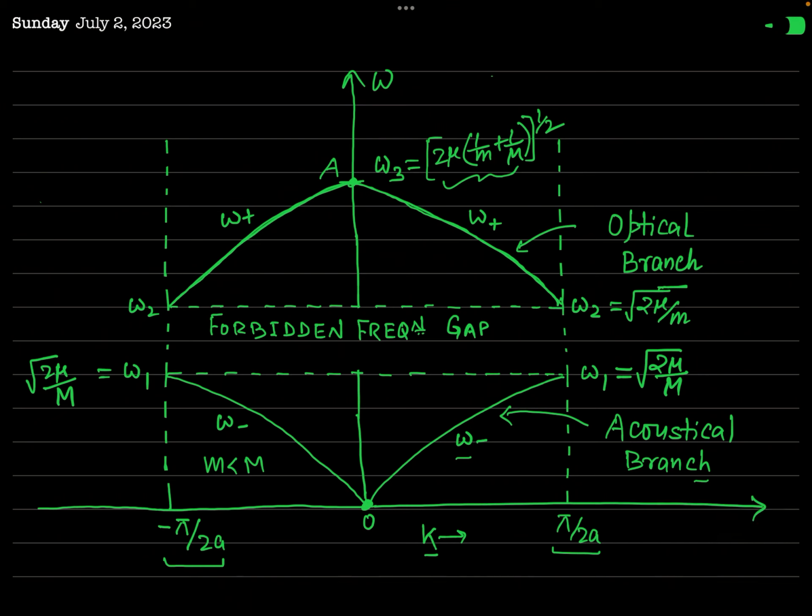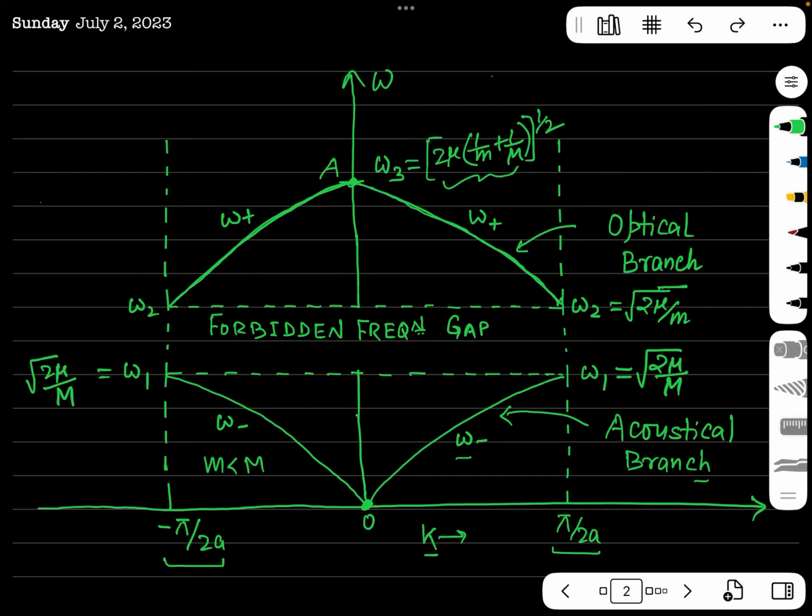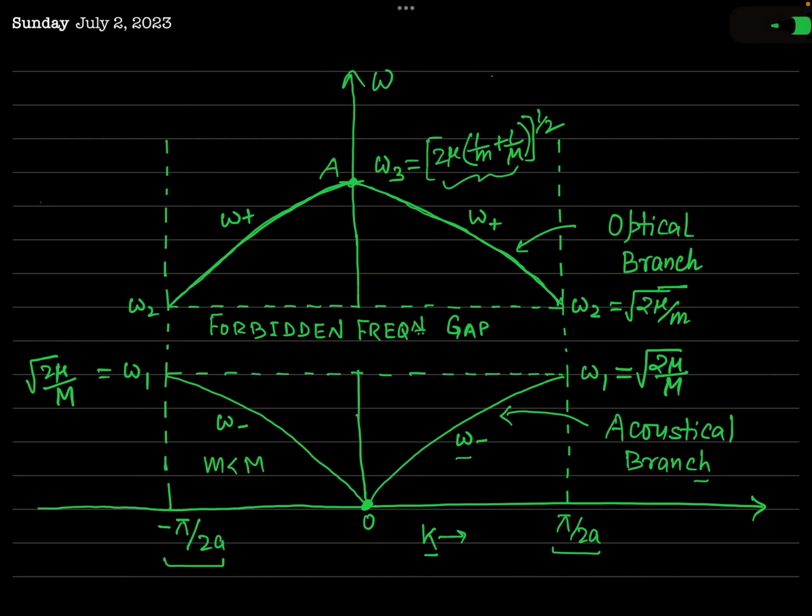But you know, our assumption is that small m is smaller than capital M. Since small m is smaller than capital M, definitely this square root of 2 mu by small m will be greater than the square root of 2 mu by capital M.